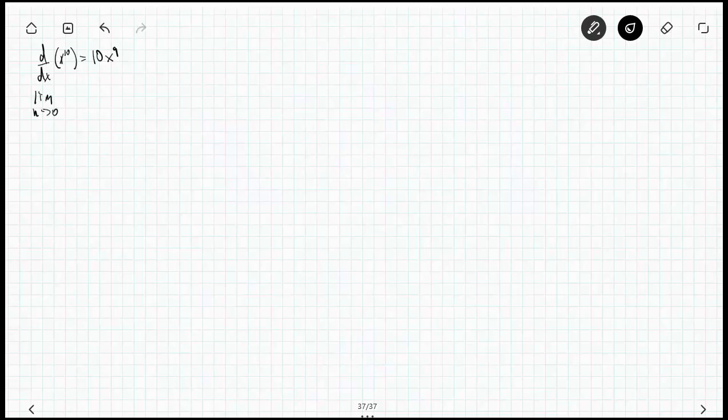As h goes to 0 of (x plus h) to the 10th, ye gads, minus x to the 10th, all over h. Now I don't have to. Now I have a rule.